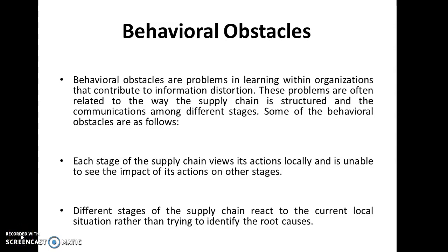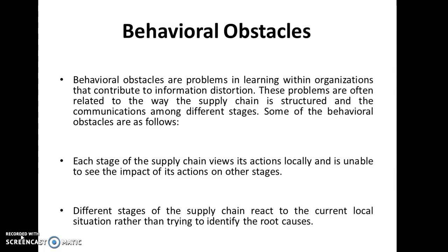Next one is behavioral obstacles. Behavioral obstacles are problems in learning within organizations that contribute to information distortion. These problems are related to the way the supply chain is structured and how communication takes place between different stages of the supply chain system.